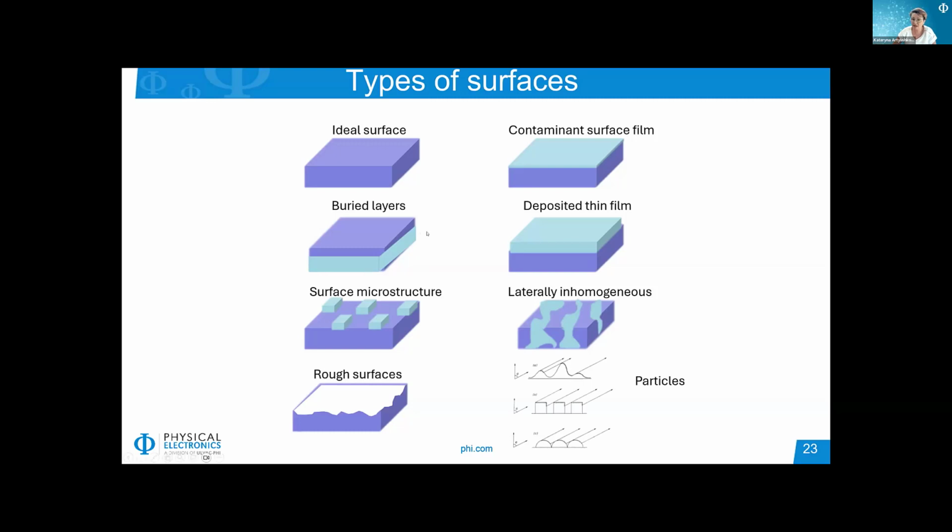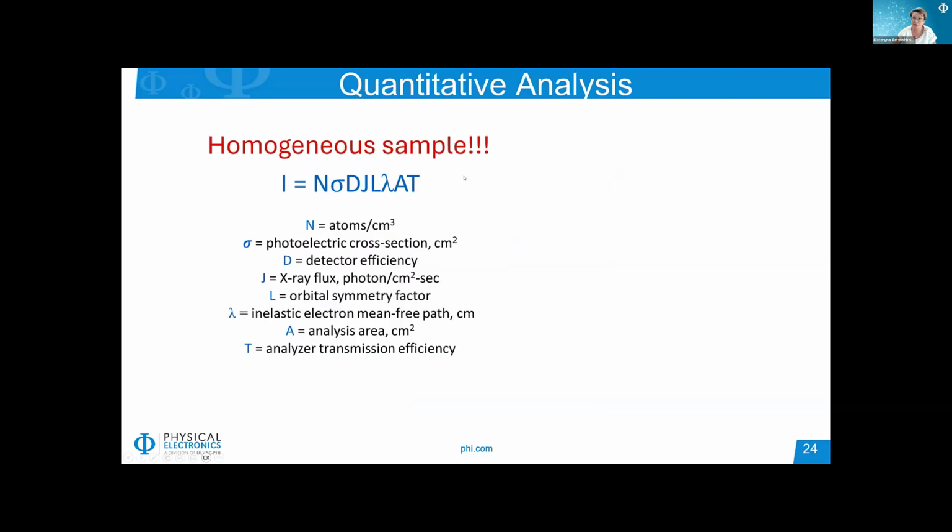But when we look at the assumptions of the quantification formula, what has been assumed is an ideal surface. The formula that relates the intensity of the peak that we extract in the XPS spectrum and the atomic density of that element assumes a homogeneous sample.